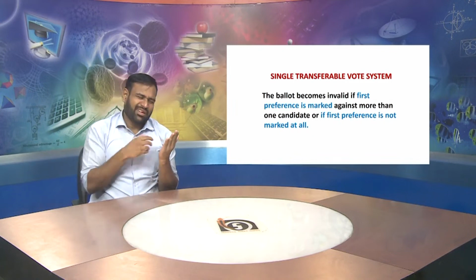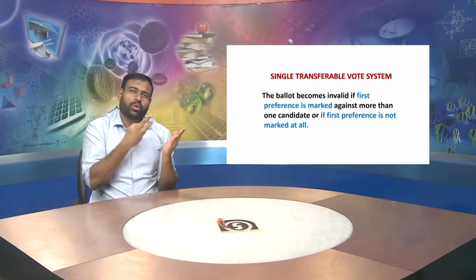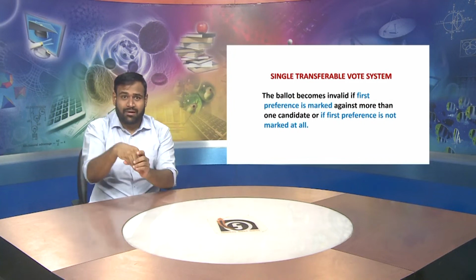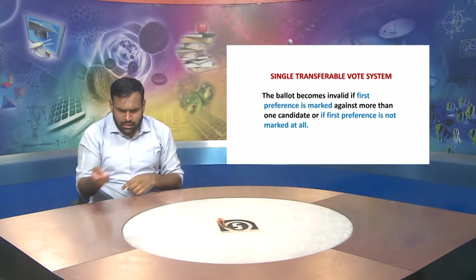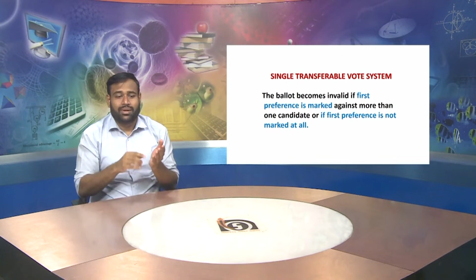The ballot becomes invalid if first preference is marked against more than one candidate, or if first preference is not marked at all.